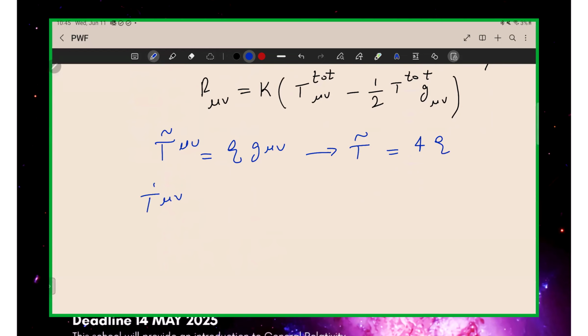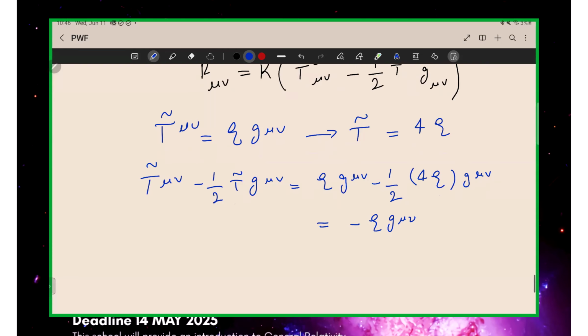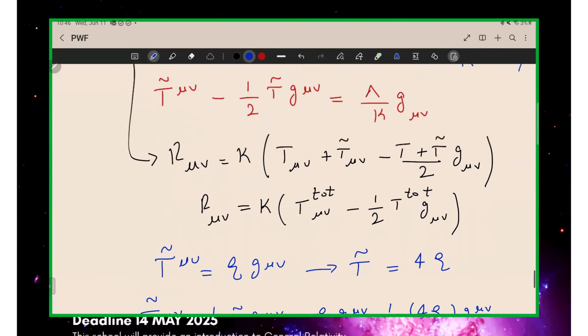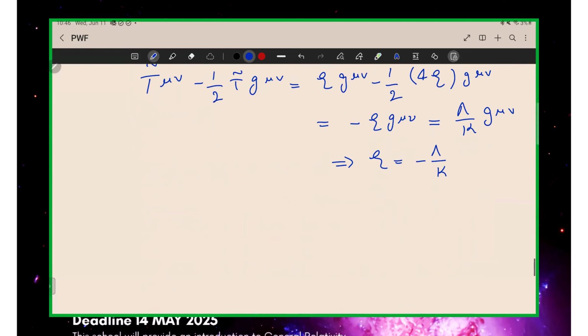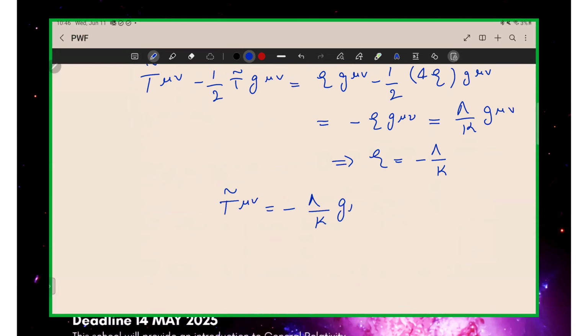So T tilde mu nu minus 1 over 2 T tilde g mu nu becomes zeta g mu nu minus 1 over 2 times 4 zeta g mu nu, and that gives you minus zeta g mu nu. Now we wanted it to be lambda over kappa g mu nu, which implies that zeta is minus lambda over kappa, which means that the stress tensor we were looking for is minus lambda over kappa g mu nu.